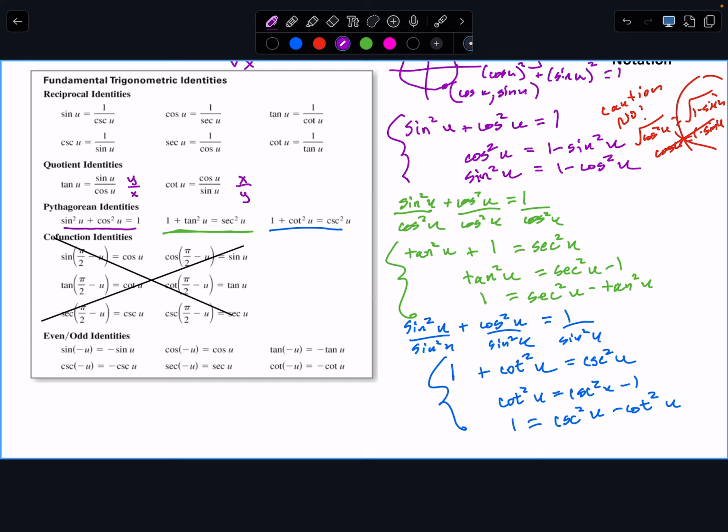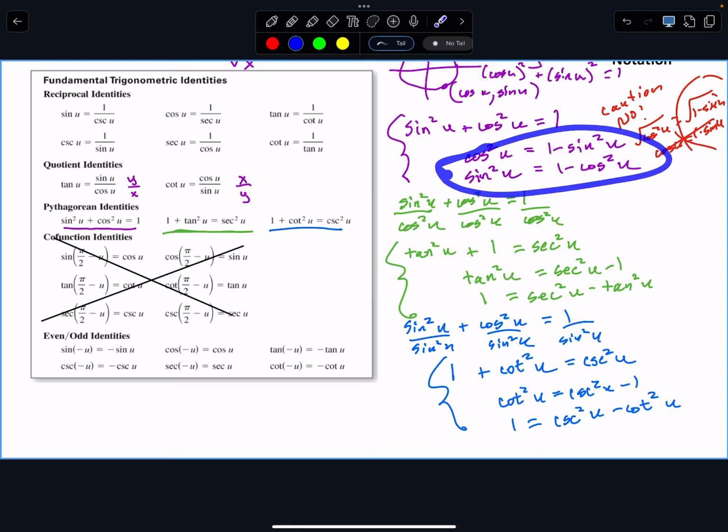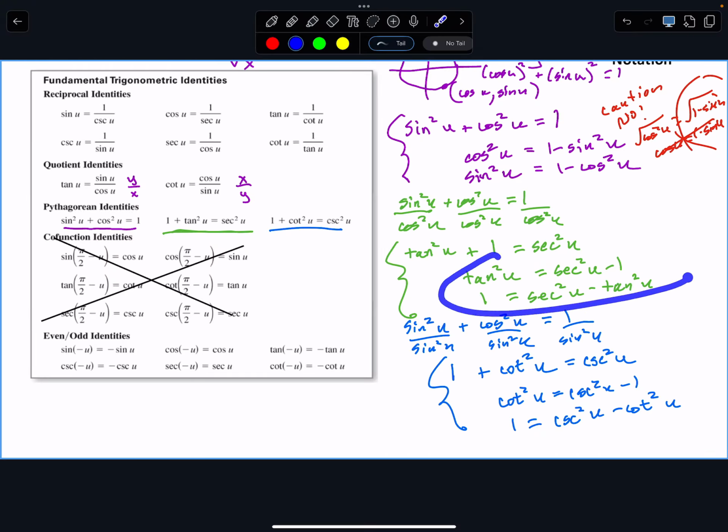I'm not going to give you the rearrangements. You should be able to manipulate that to come up with these two. You should be able to manipulate this one to come up with these two. You should be able to manipulate this one to come up with these two. You just get these three. And then we're not going to worry about the cofunction identities.